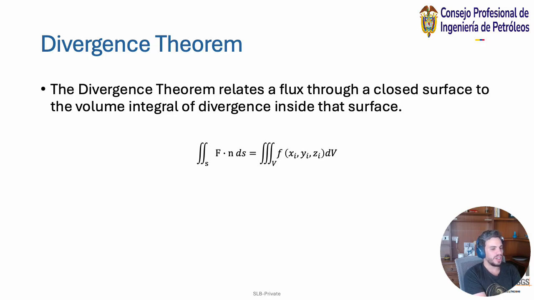So it's sort of the total outward flux of a vector field through a closed surface, which is equated to the sum of all sources inside the volume. Now, the theorem is essentially the mathematical bridge that transforms integral conservation laws into differential form, the partial differential equations, right?